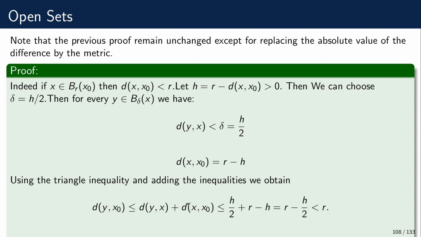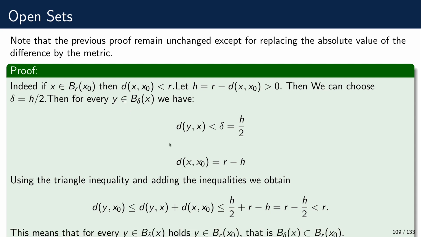On the other hand, using the triangle inequality, this sum has to be greater than or equal to the distance of y from x0. So in fact, we have shown that for any point y in a ball with radius delta around x, the distance of y from x0 is smaller than r, which means that y lies in the ball of radius r around x0. The last sentence is just what I said verbally.